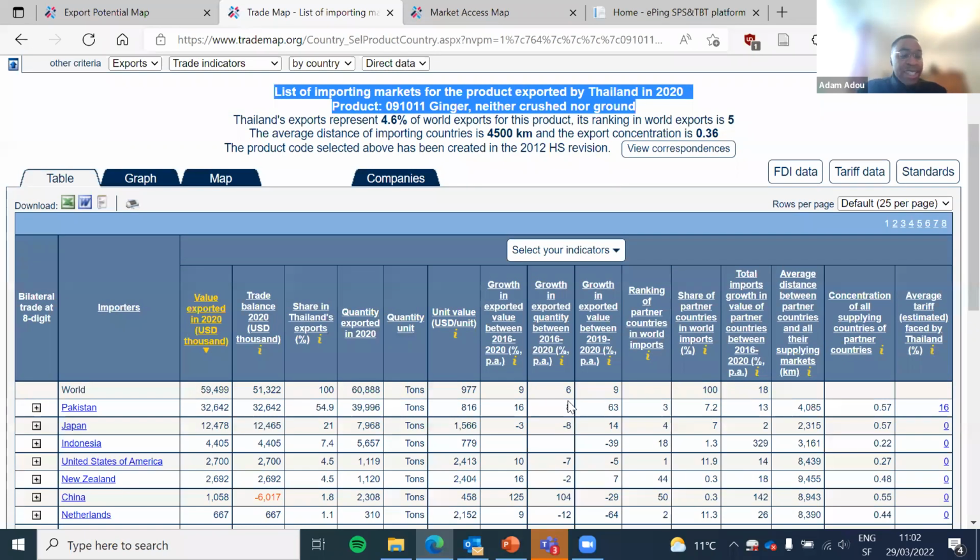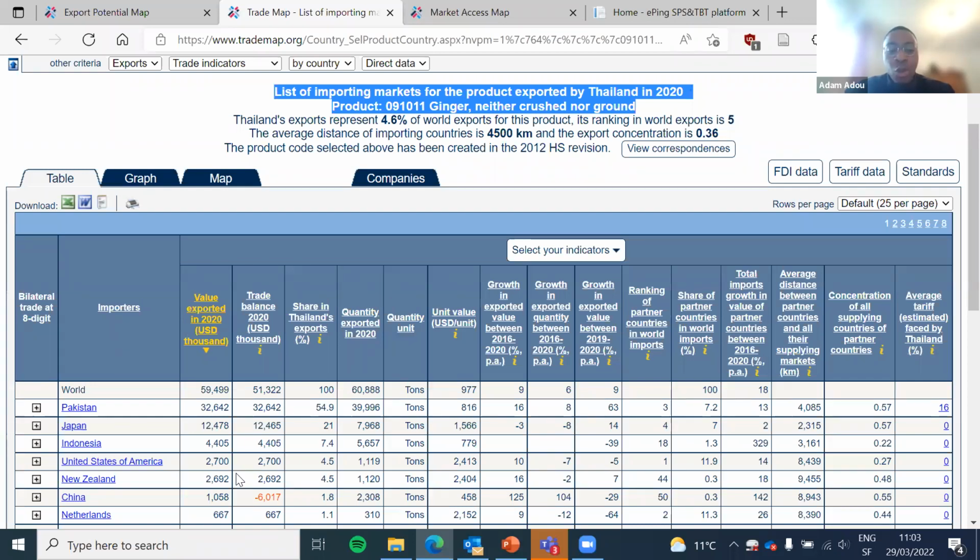As we could see in the export potential map, Pakistan is the main client of Thailand in terms of value when it comes to exporting ginger. So it's the top destination country for Thailand, with Japan and Indonesia. If you remember, we saw that the Netherlands was one of the countries with the highest export potential in terms of importing ginger.